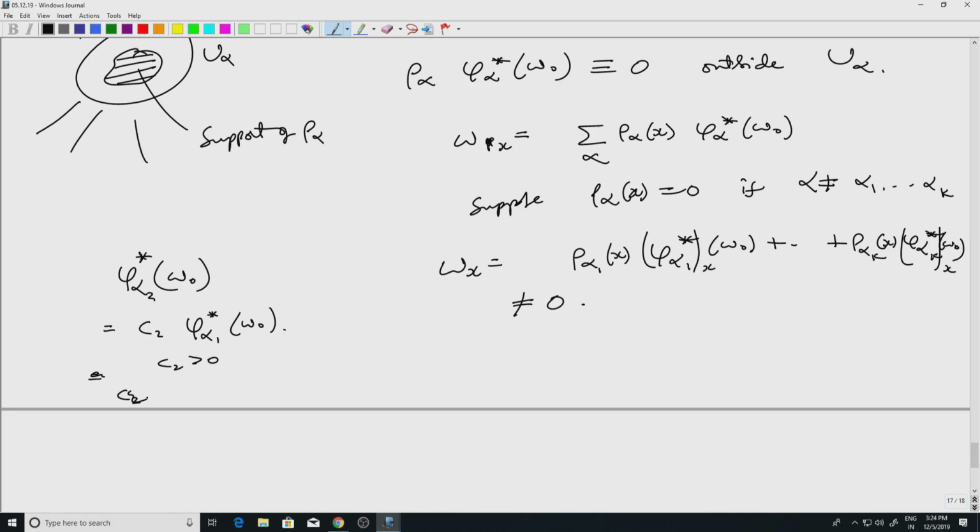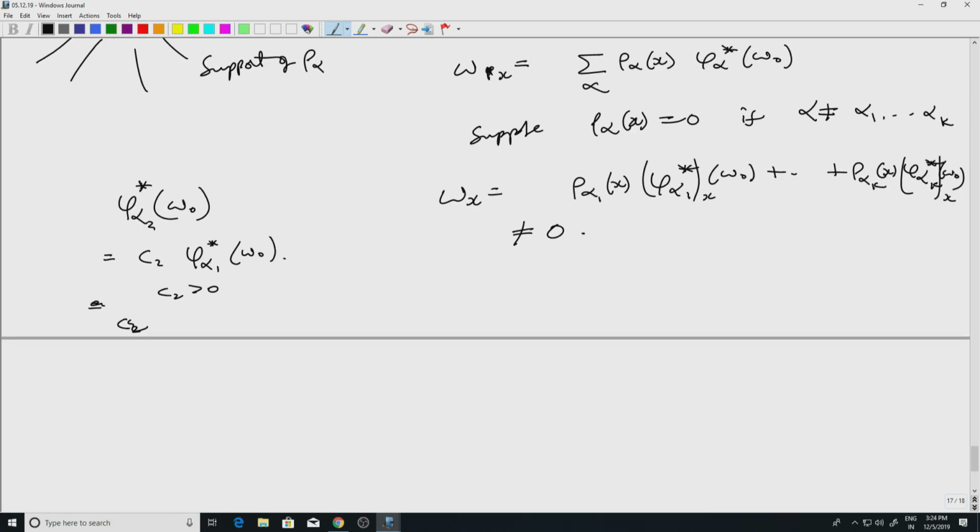To figure out what c2 is, just rewrite it like this, the usual thing of using a transition function. Essentially, I throw in the inverse of this, and then phi alpha 2 star.